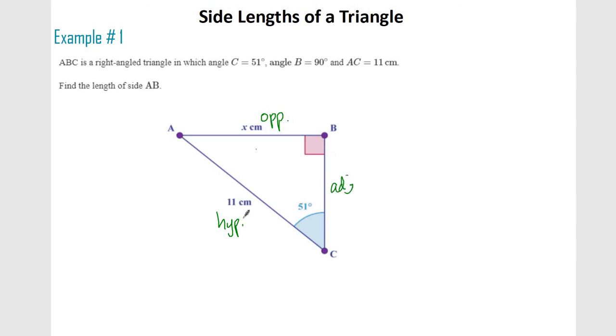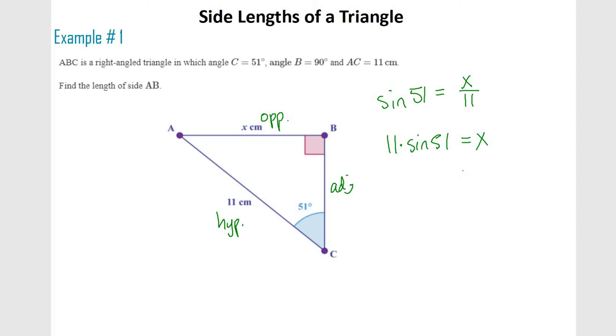What we have is opposite and hypotenuse. So we know some trig function of 51 is going to be opposite over hypotenuse. Well, that is sine. So we can do 11 times sine 51 into our calculator.